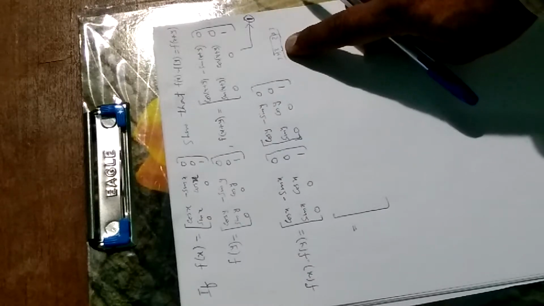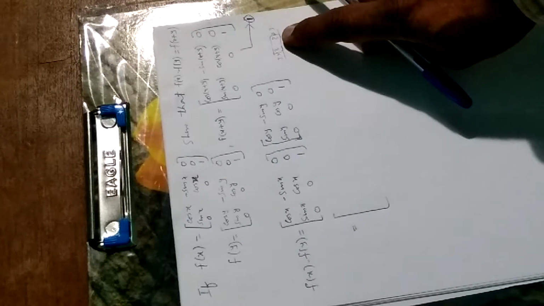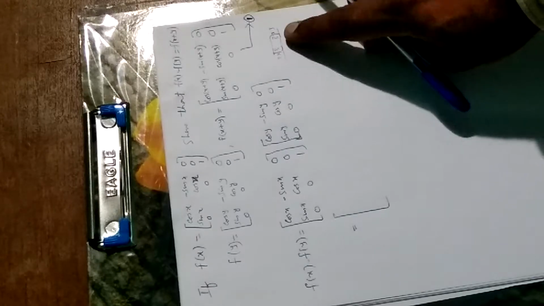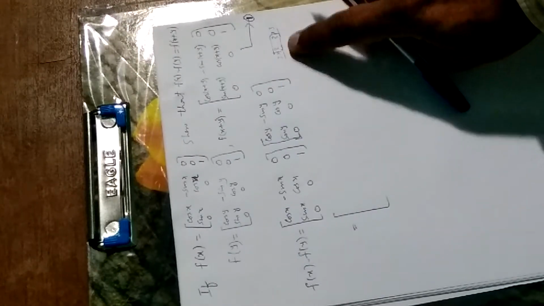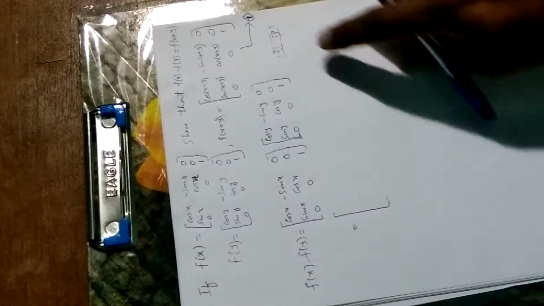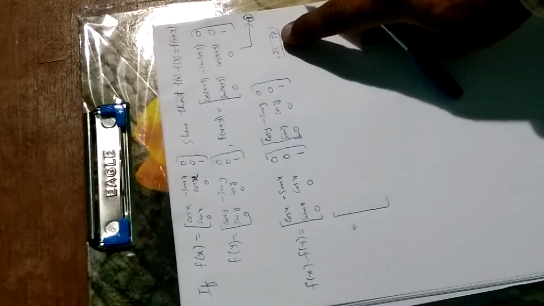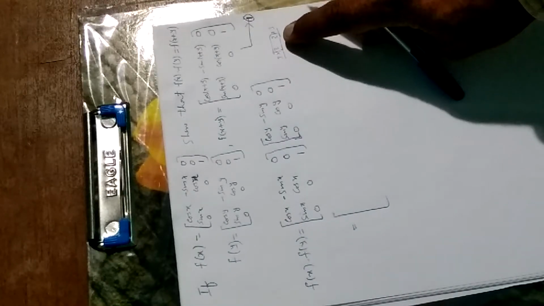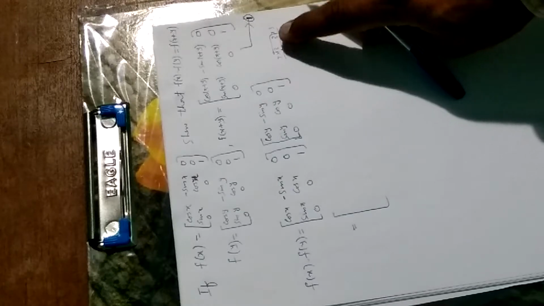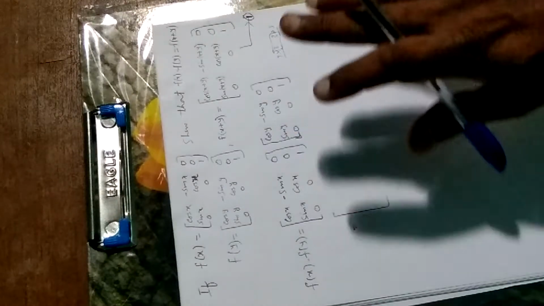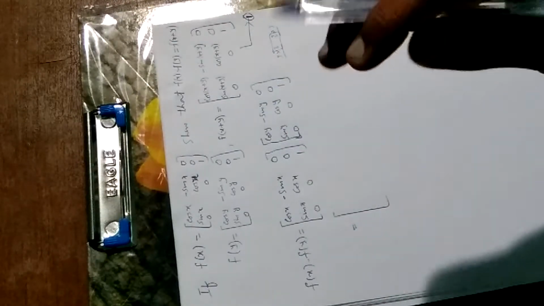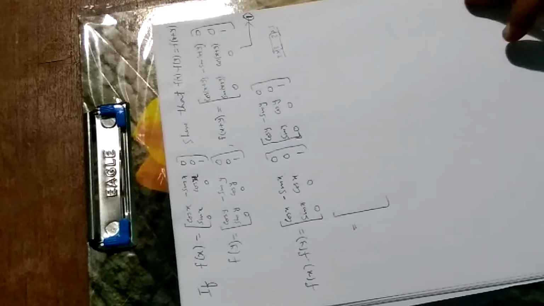Columns of the first matrix must be same as rows of the second matrix. Then only multiplication is possible. Here we have the same, so we can multiply. If columns of the first matrix and rows of the second matrix are different, then matrix multiplication is not possible. You can directly write multiplication is not possible.